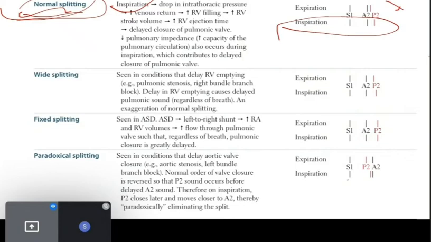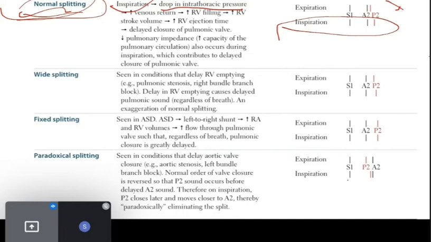Inspiration will cause a drop in the intrathoracic pressure, so you will have more venous return. More blood comes to the right side of the heart, to the right atrium and to the right ventricle. Because you have a decrease in the intrathoracic pressure, more blood will come to the right side of the heart.